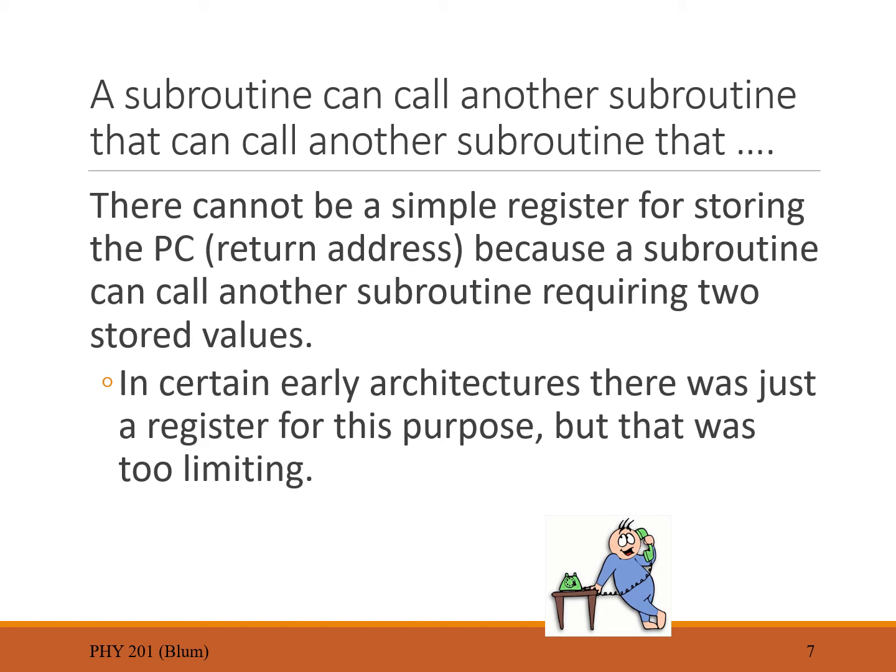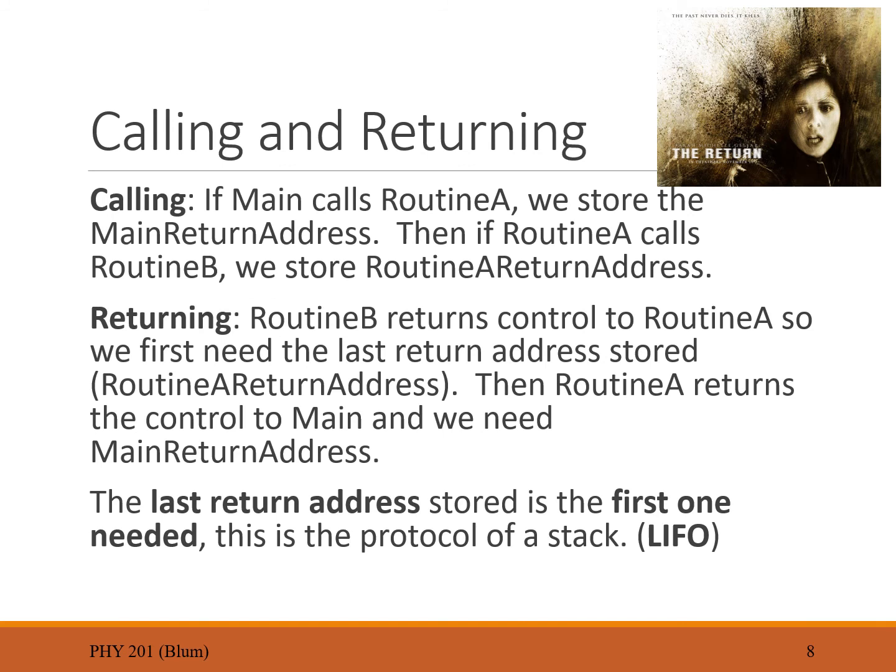But we want to allow a subroutine to call another subroutine, to call another subroutine. And so to have just one location in memory or one register is not satisfactory. So let's look at a simple scenario of a program calling a subroutine and that subroutine calling another subroutine.